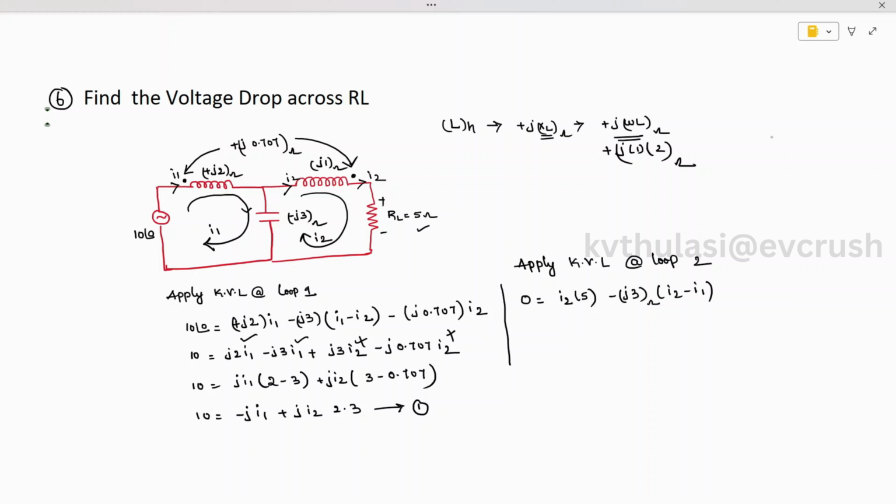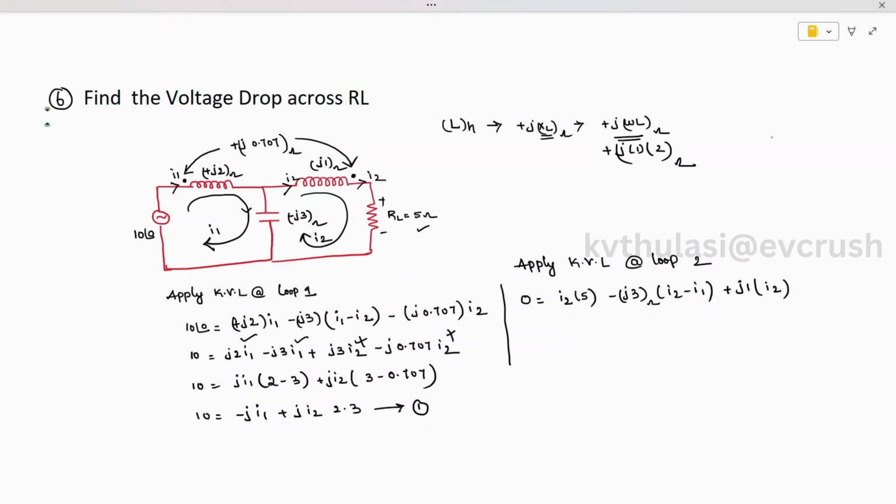Okay, and coming to here, the current which flows in this branch is plus J1 into I2, which is nothing but ohms into I2. But this has a mutual inductance of plus J0.707 ohms.